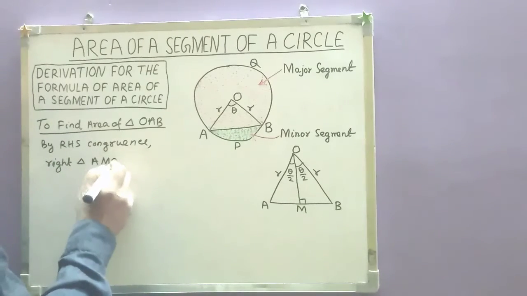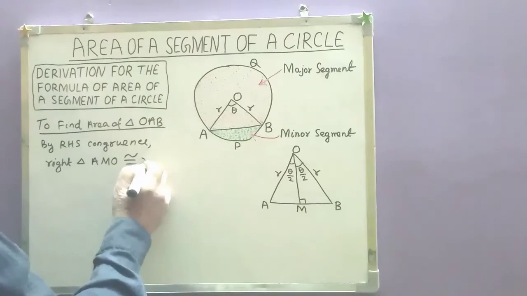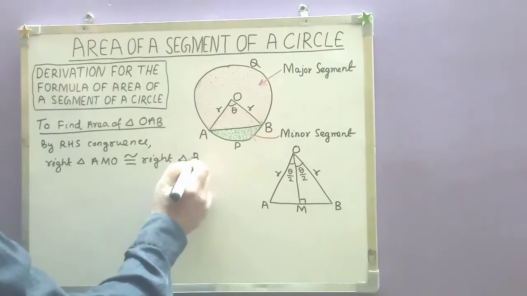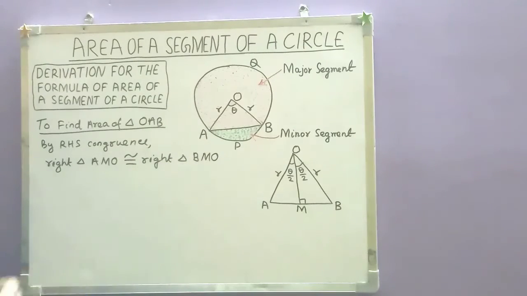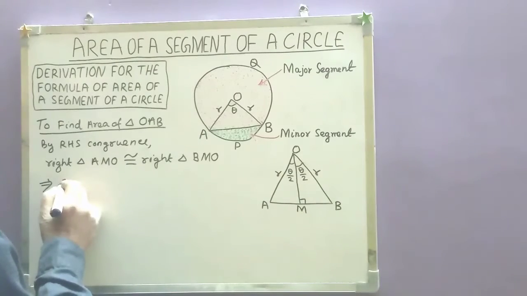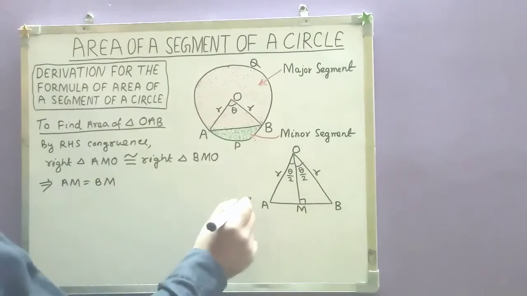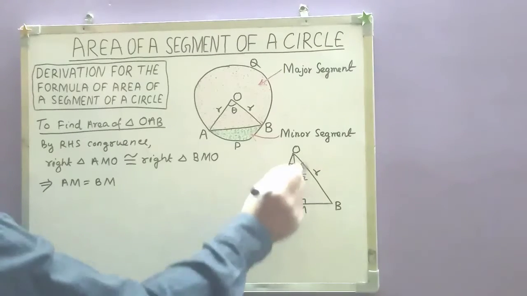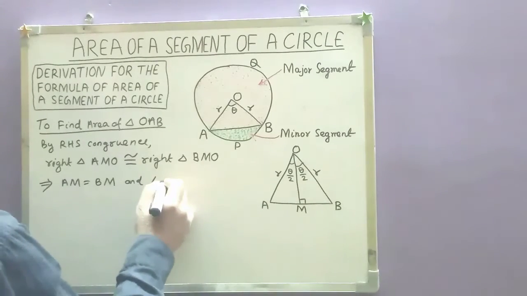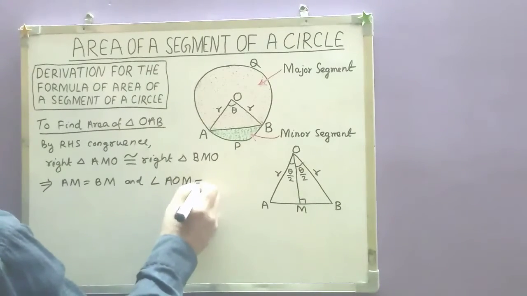That is, right triangle AMO is congruent to right triangle BMO. This implies that AM equals MB and angle AOM equals angle BOM, that equals theta upon 2.